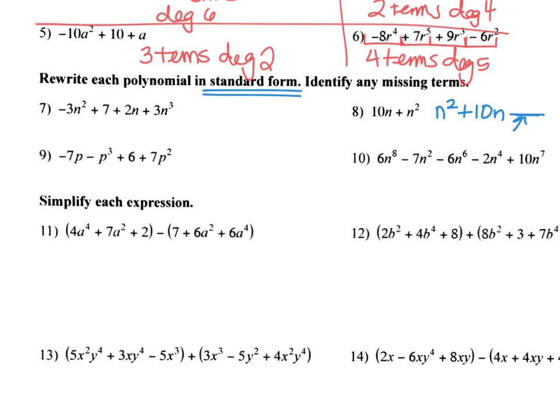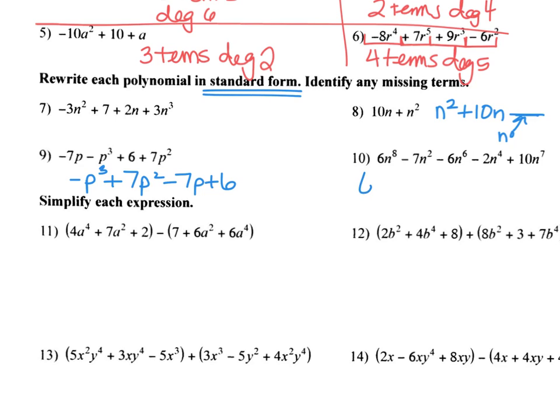So the one that's missing would be like n to the 0. On 9, I'm going to have negative p to the 3rd because I want to start with the highest exponent, plus 7p squared minus 7p plus 6. And that one counts down in order, 3, 2, 1, and then 0 variables, so that one's good.